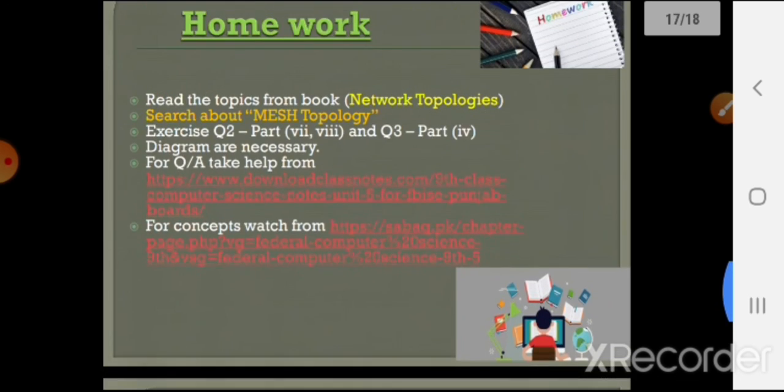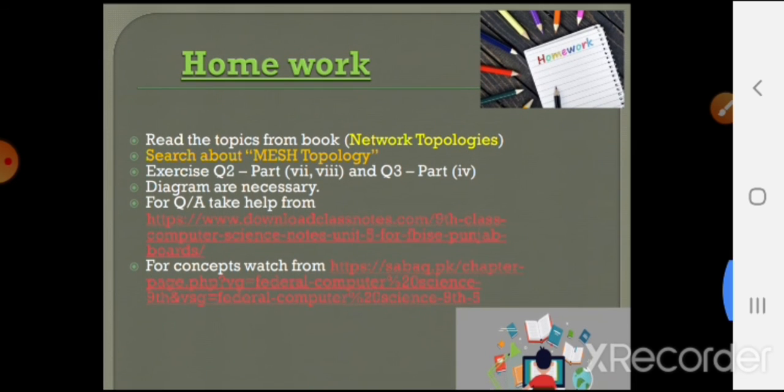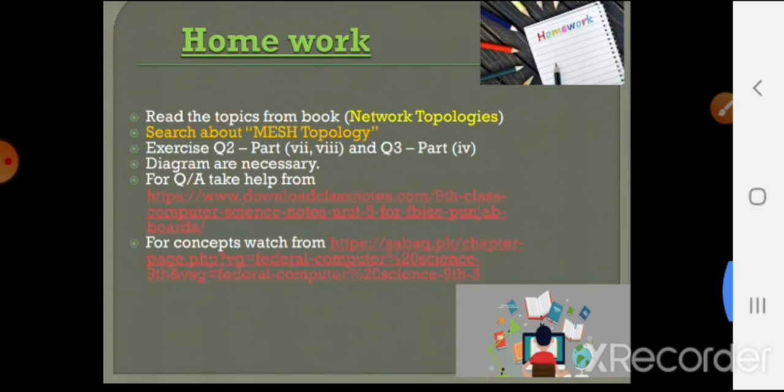So up till now we have discussed three topologies: bus topology, ring topology, and star topology. It's your homework to read the topic of network topology from the book. You have to search about mesh topology on your own, then revise exercise questions part 7 and 8, and from the long question answers please memorize part number 4.